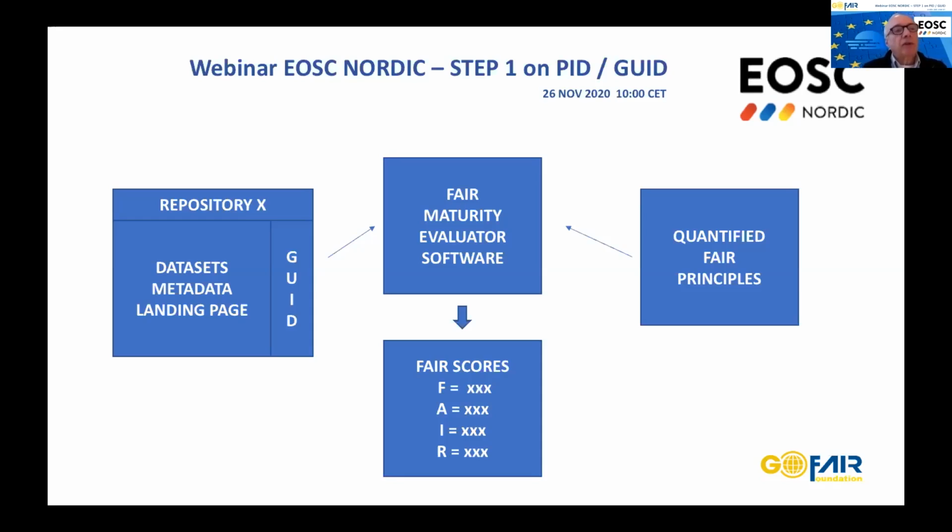However, we also noted that about 24, 25 repositories on our radar did not use a global unique ID that was pointing to the data or to the metadata, and could therefore not be automatically found, not accessed, and not evaluated by the FAIR Maturity Evaluator. It is exactly that what we want to discuss today in this webinar. I hope it's clear what we are trying to achieve.